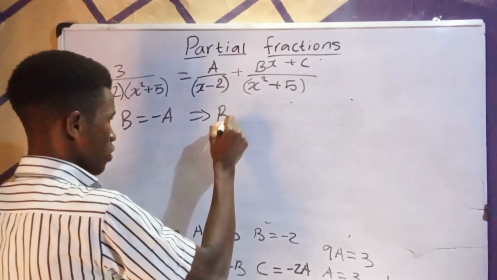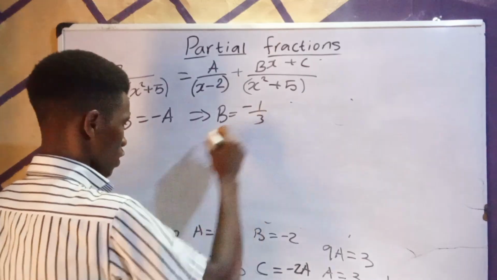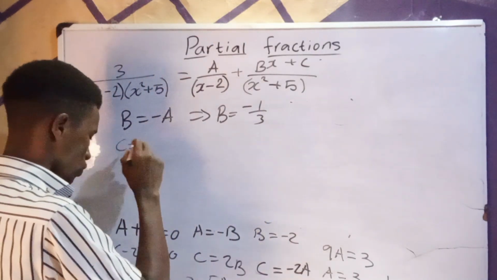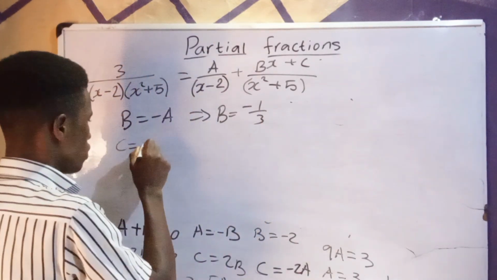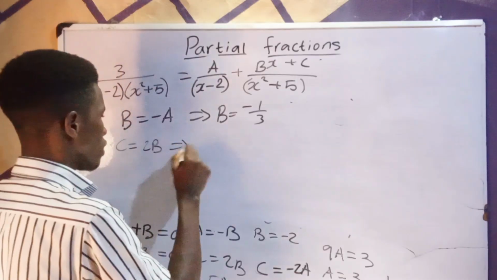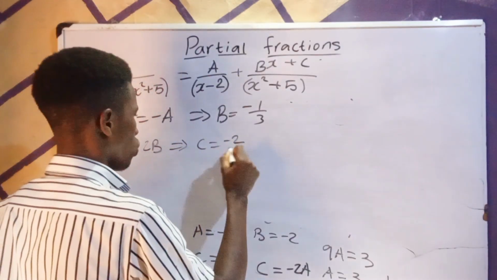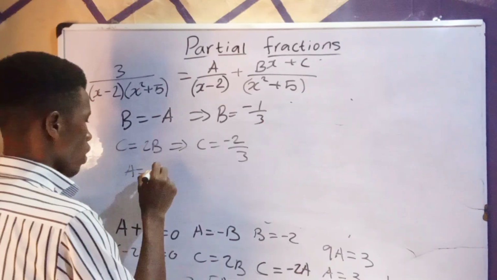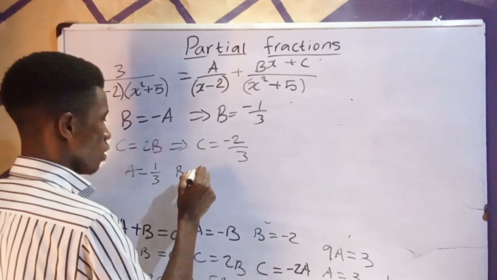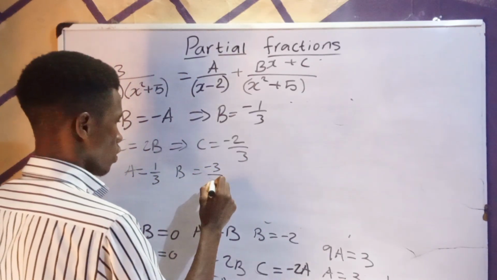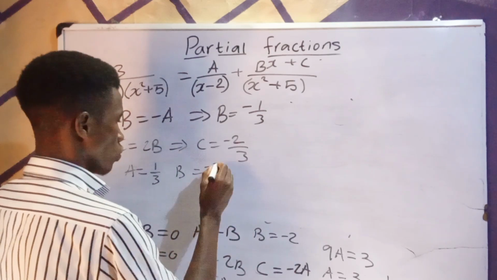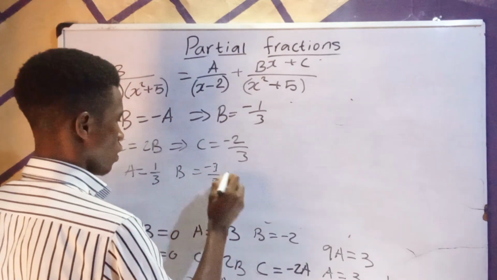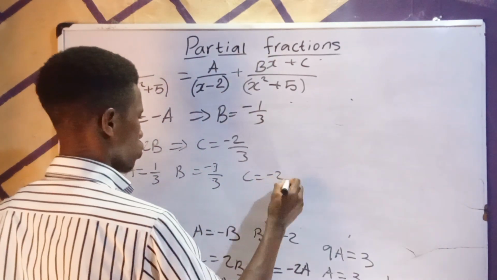Therefore b is equal to minus 1 over 3, and c is equal to 2b, right? c equals 2b, implying that c equals minus 2 over 3. So I've gotten the value of a as 1 over 3, b as minus 1 over 3, and c as minus 2 over 3.